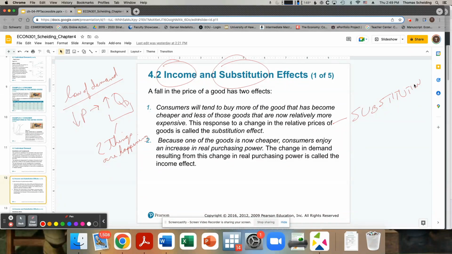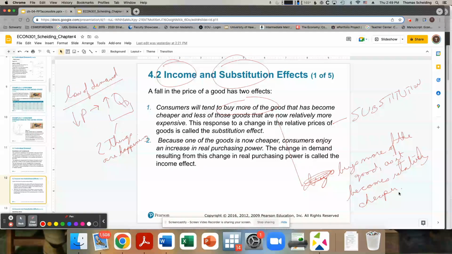It always means that the consumer will buy more of the good as it becomes relatively cheaper relative to whatever the other product is. So I substitute towards that cheaper product.